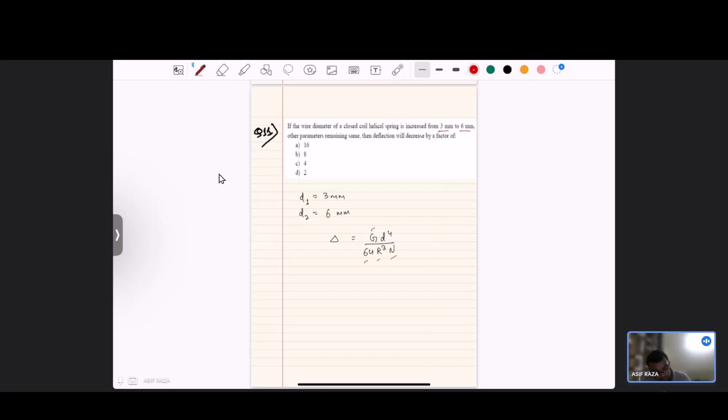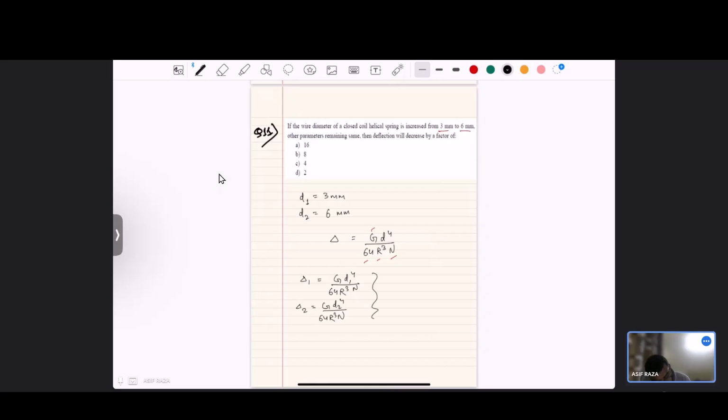So we can write delta 1 is G d1 to the power 4 by 64 R cube n, delta 2 is G d2 to the power 4 by 64 R cube n.